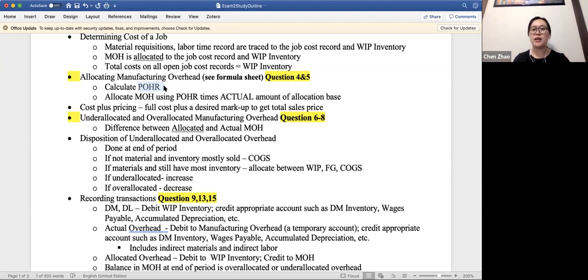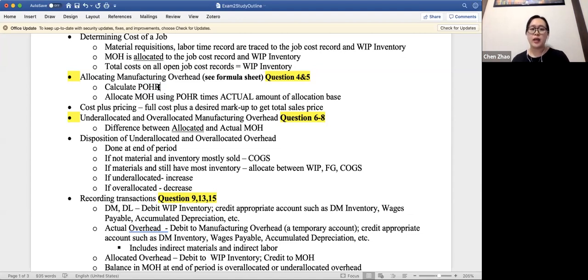And I think you have done that for project 1. I think you've done a very good job on project 1, and you should probably have a good knowledge of that. Once you have the predetermined overhead rate, you allocate your MOH using the predetermined overhead rate times your actual allocation base, like actual direct labor hours that happened during the period.